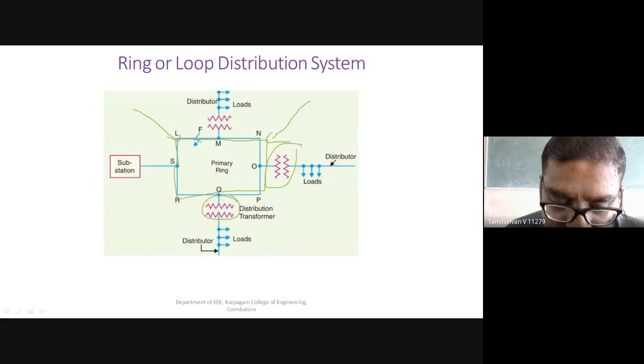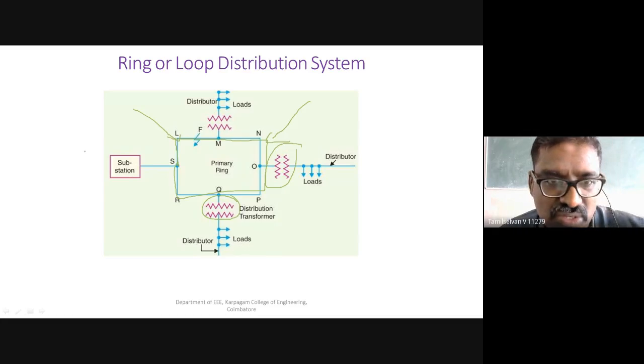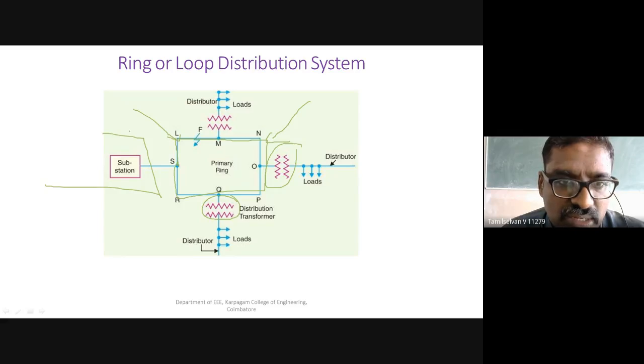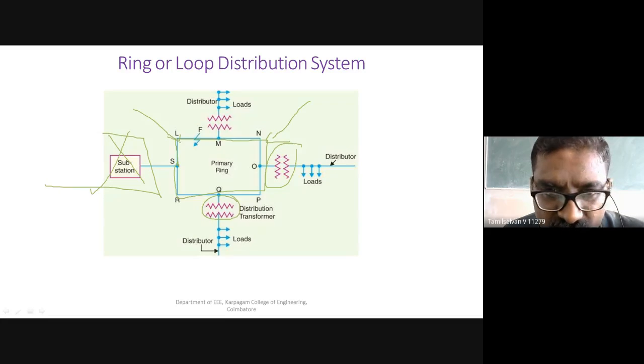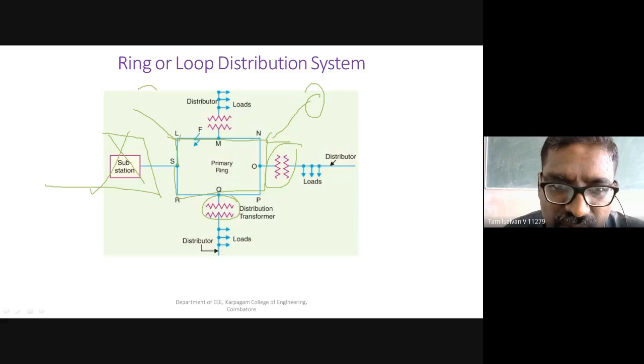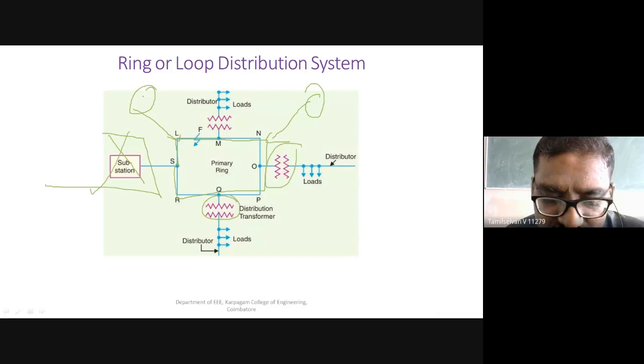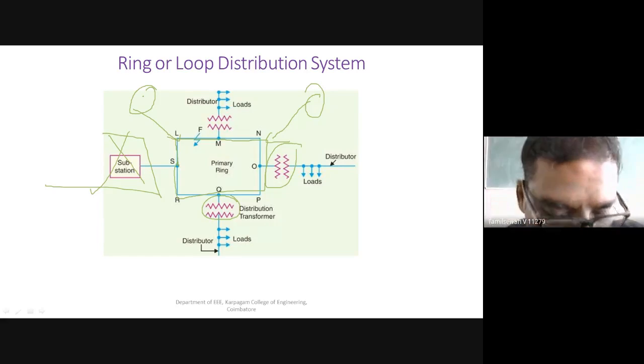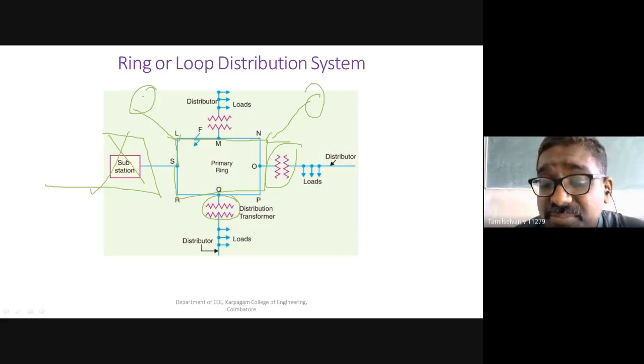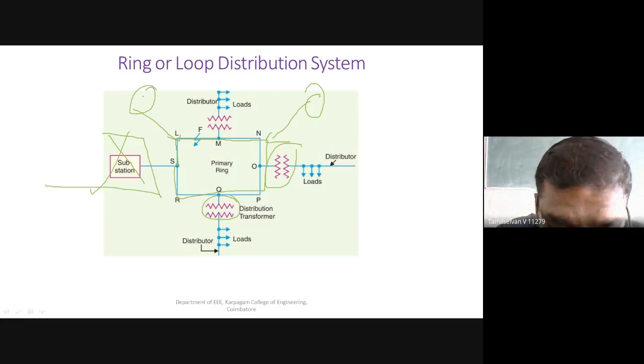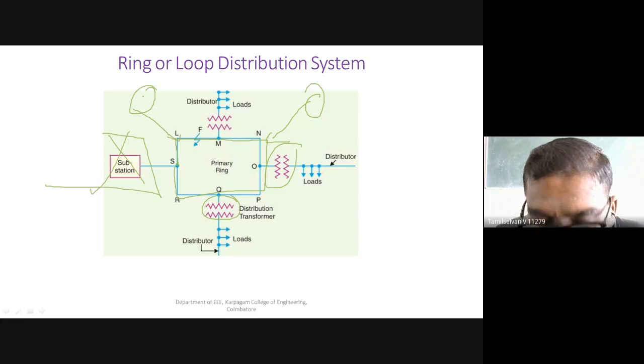Forget the substation for now, I'm only thinking about the ring main. In the ring main, if two different sources supply the power and energize the feeder, then that is called an interconnected system.